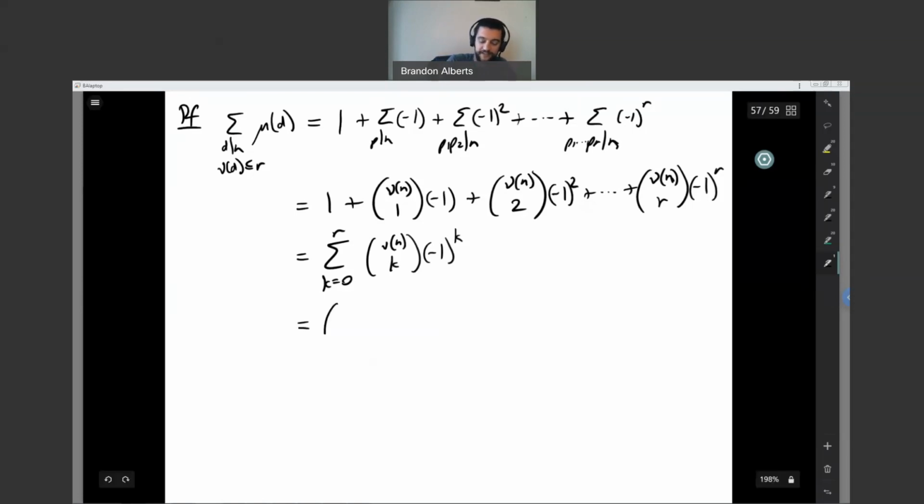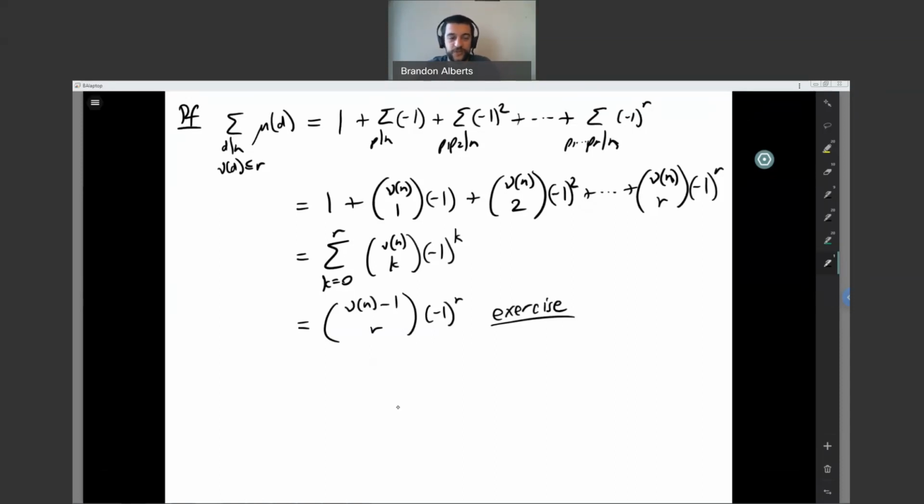And the punchline is that there's a very nice combinatorial relationship which tells you that the sum of binomial coefficients is equal to a different binomial coefficient with some sign. So this is an exercise. This is the lecture exercise for this section.